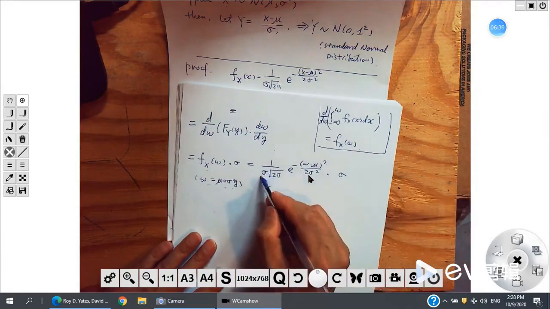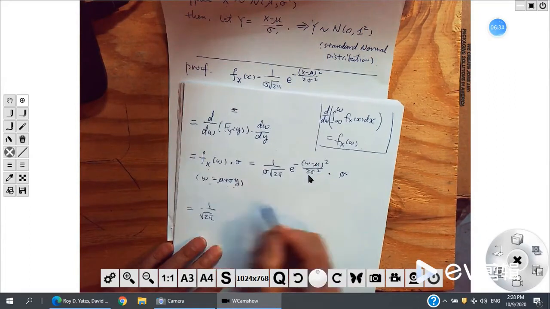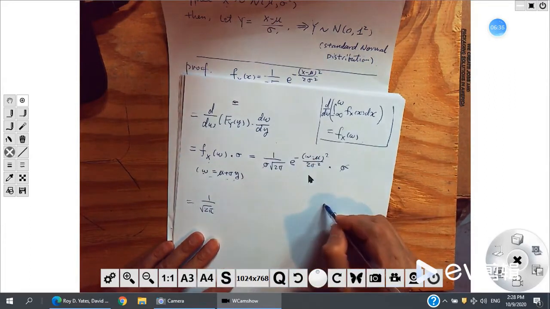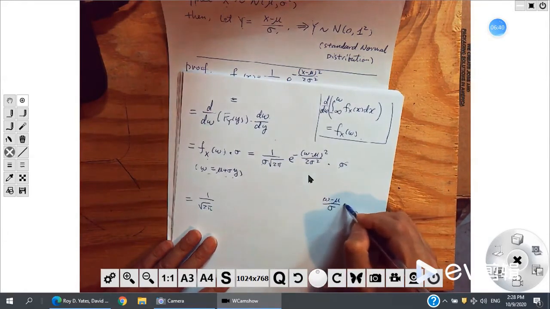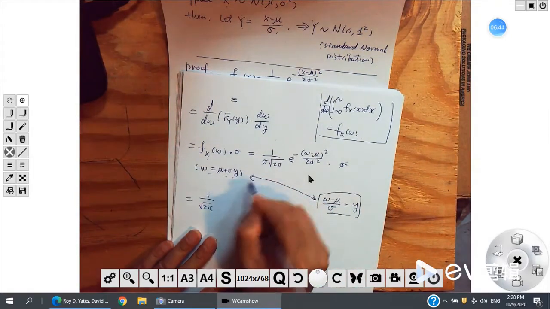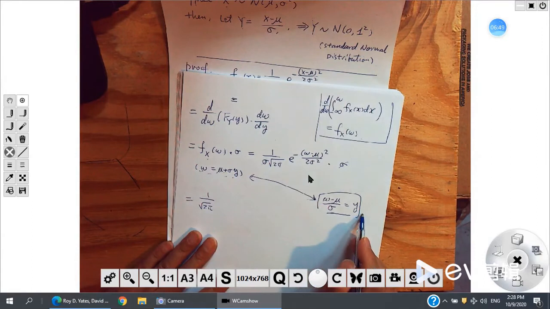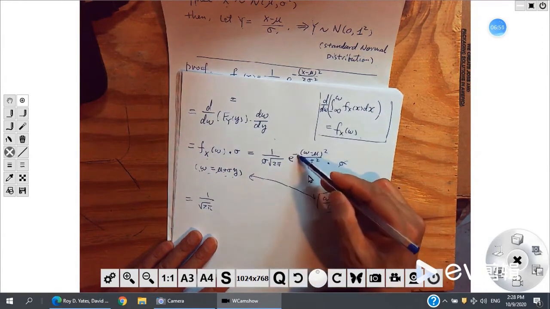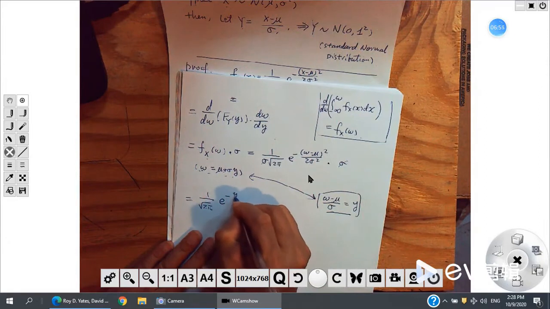Okay, sigma cancels. I have 1 over square root of 2 pi, and the inside part, (omega minus mu) over sigma, is y, right? So this part is negative y squared over 2. So e to the negative y squared over 2.